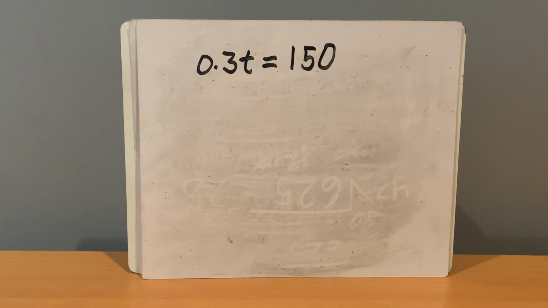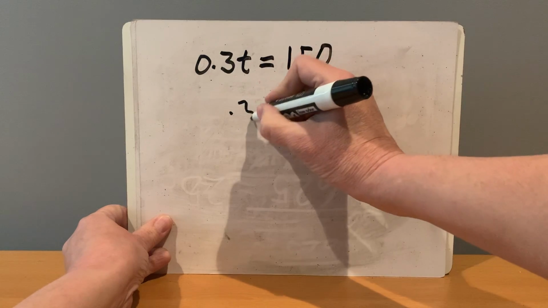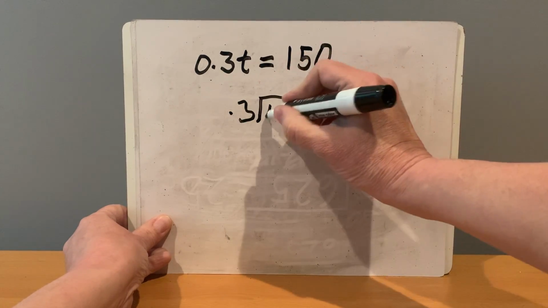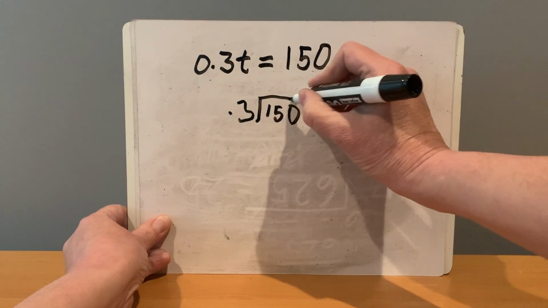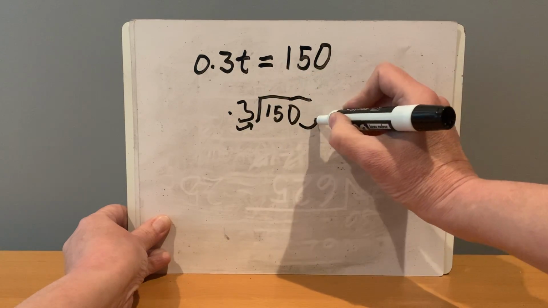Let's do it with the decimal. Now, when we have a decimal, we're doing the same thing. We're dividing both sides by 0.3. So we will take 150 and we're dividing that by 0.3. Now we're going to move our decimal over one place.